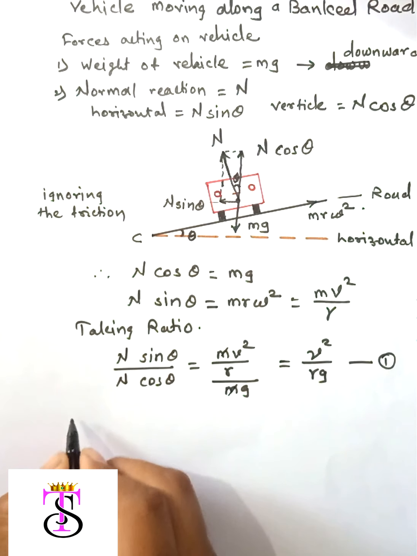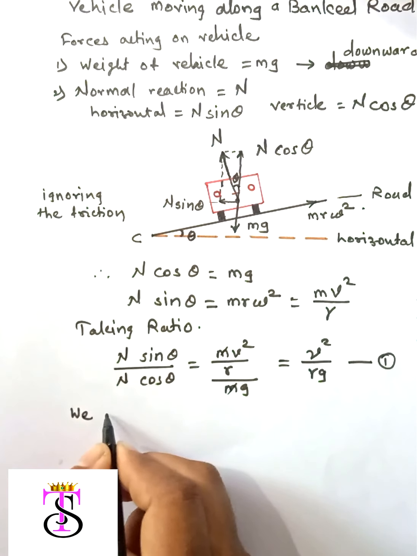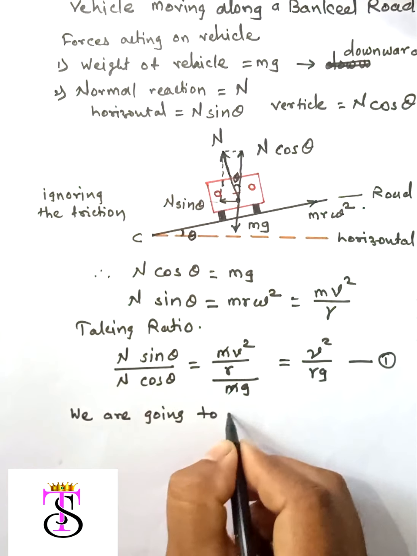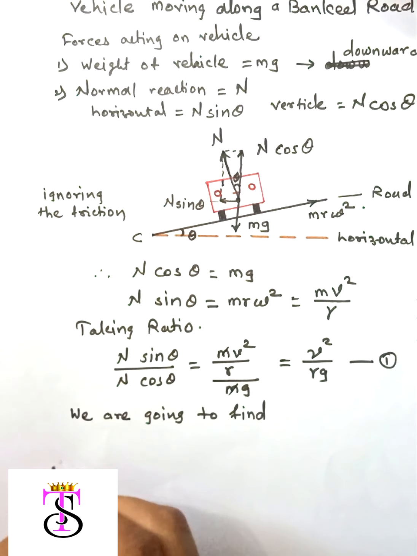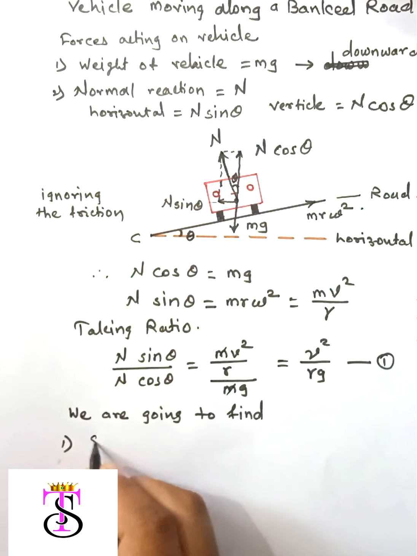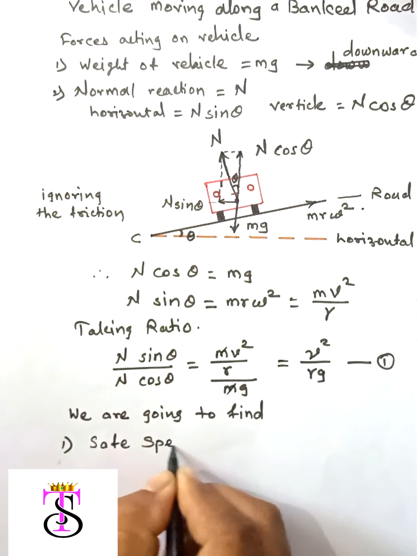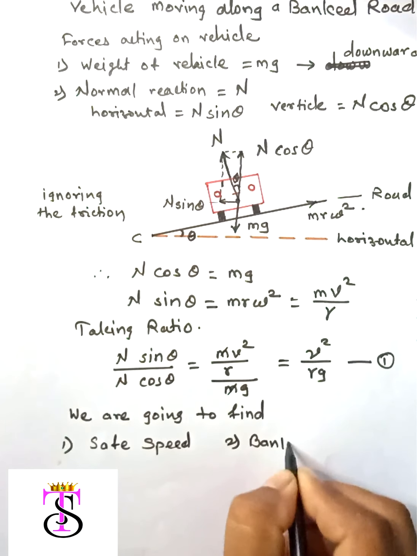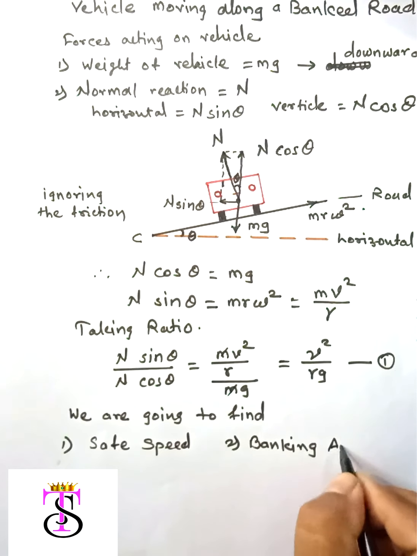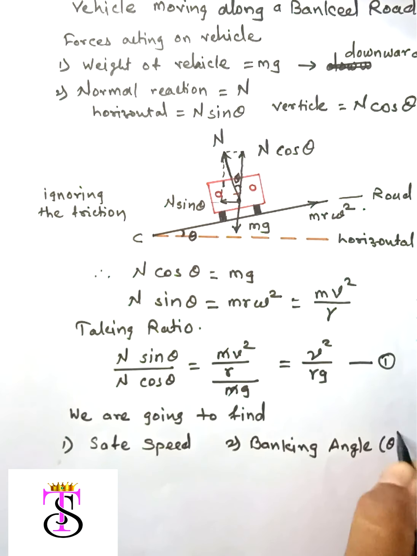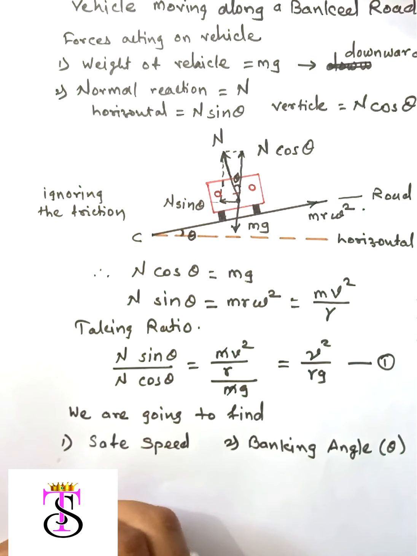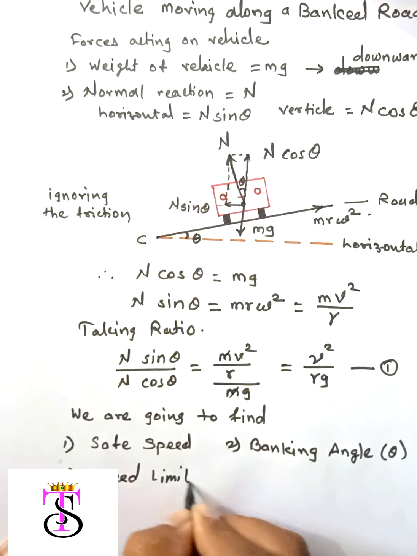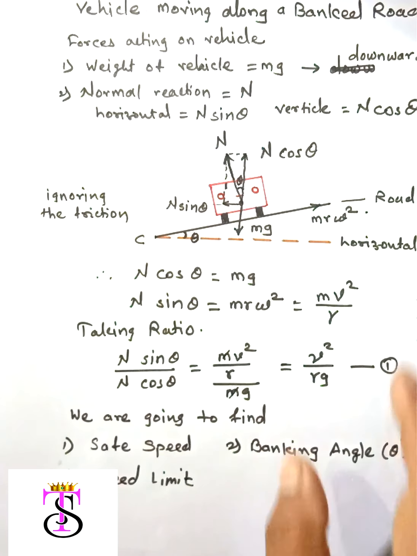So using this equation, we are going to find out first safe speed, second banking angle, that is theta, and third speed limit. So we will see one by one.